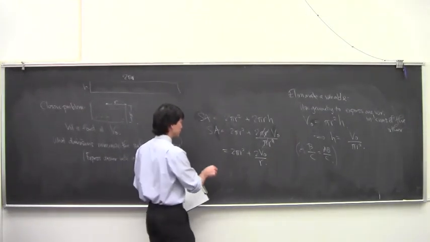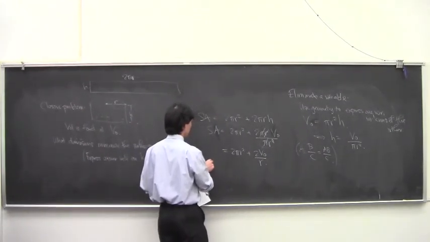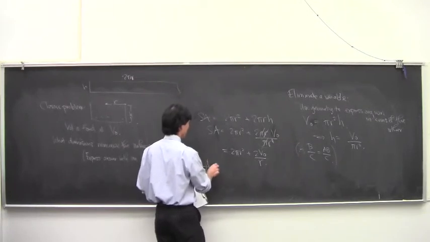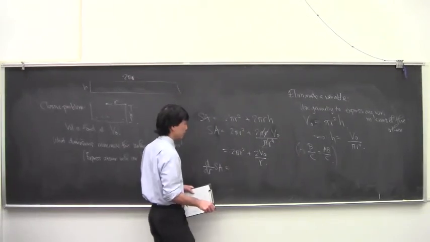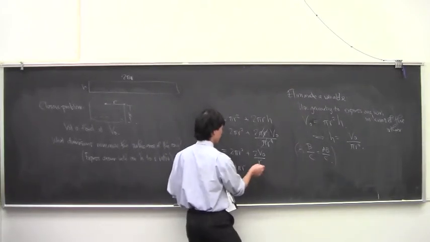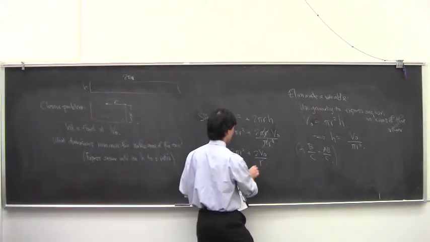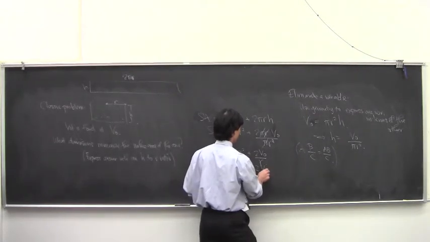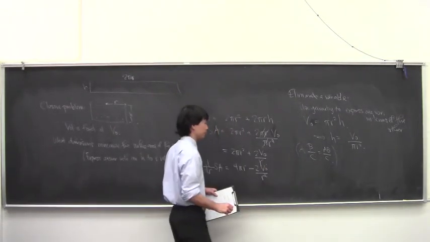Okay, so now let's differentiate, right? So the derivative with respect to r is going to be 4 pi r. You got this 1 over r, r to the minus 1, so you get minus 2 v naught over r squared.